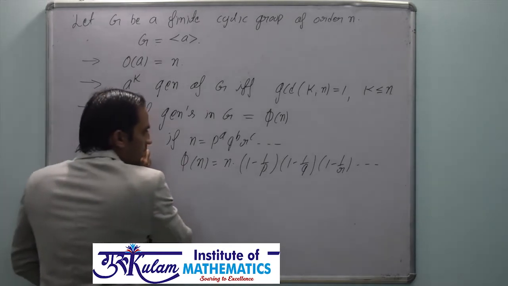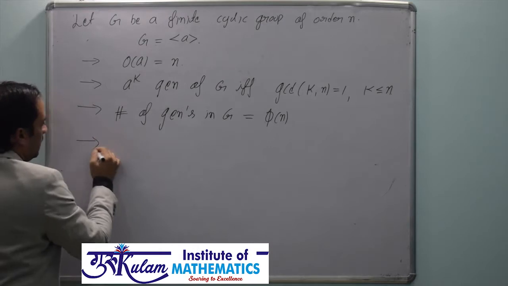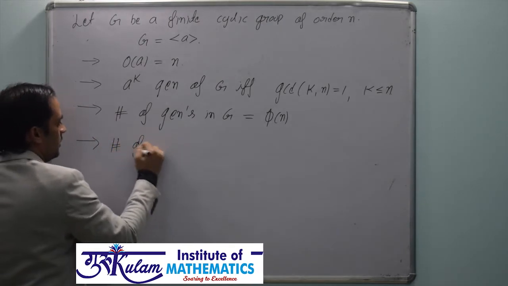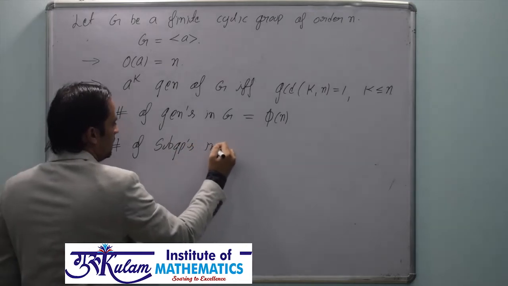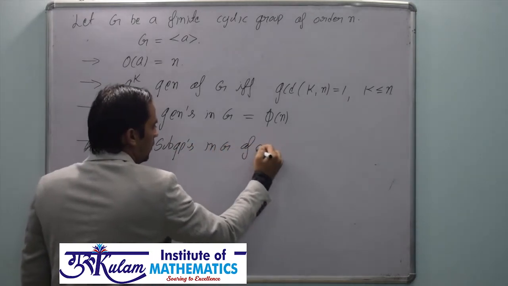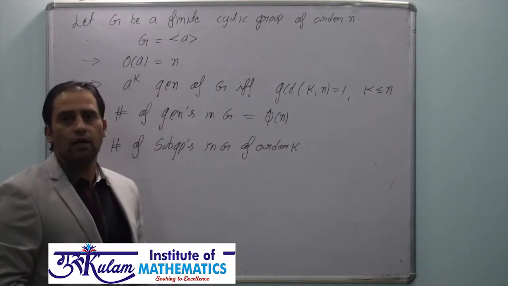Then the fourth property is the number of subgroups in G of order k, where k is again a natural number.